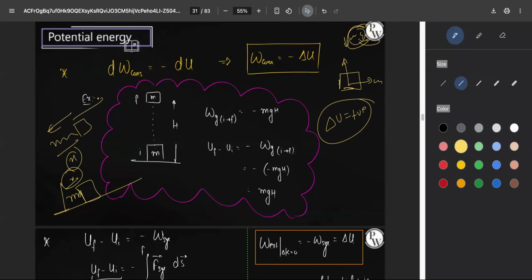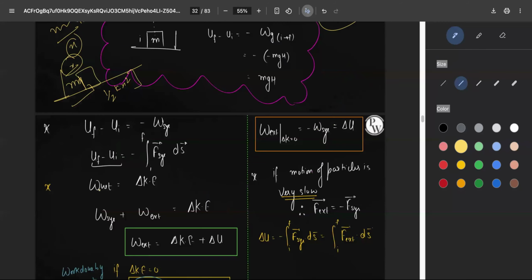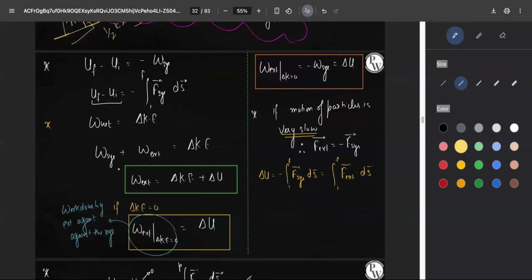It was applying a force in this direction when you were trying to move inside, a force of kx. You were pushing against the spring force, against the conservative force. This gets stored as potential energy, which is half kx square. Clear? Yes, sir.